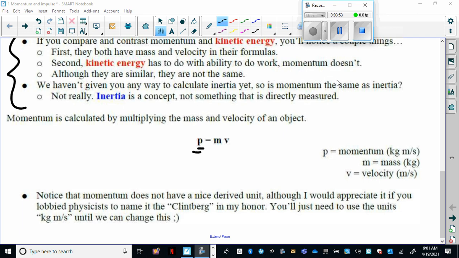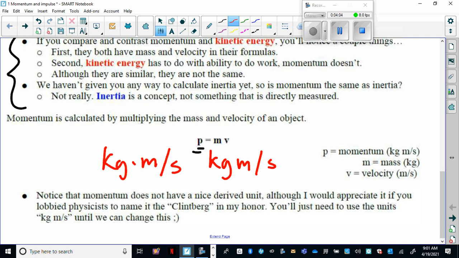Mass times velocity. The units for mass are kilograms. The units for velocity are meters per second. Sometimes people put a dot in between. The dot simply means multiplication. And those are the units for momentum.